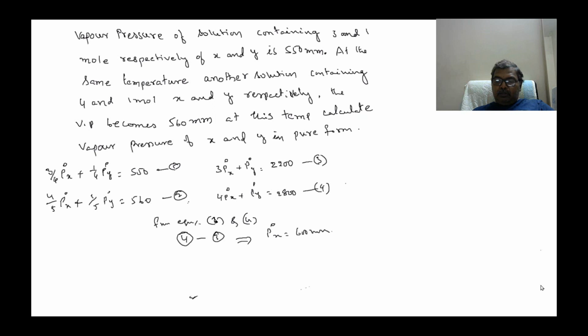Now substitute the P naught X value in equation 3. 3 into 600 plus P naught Y is equal to 2200. So P naught Y is equal to 400 mm. So this is the answer.